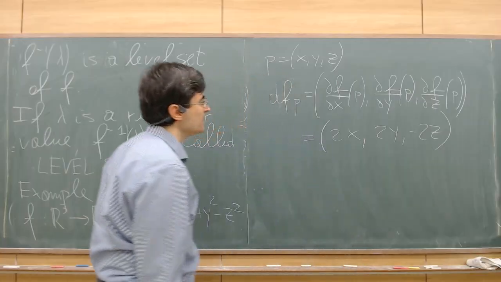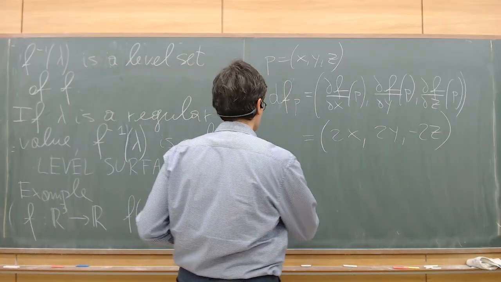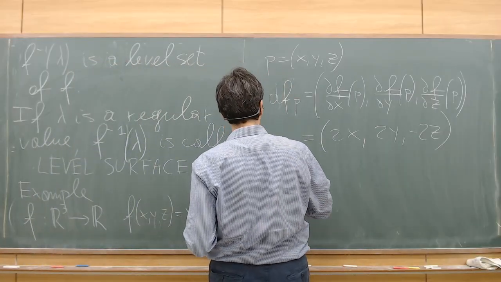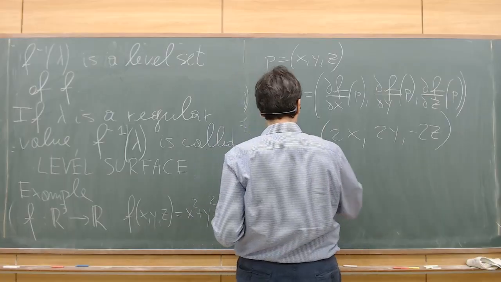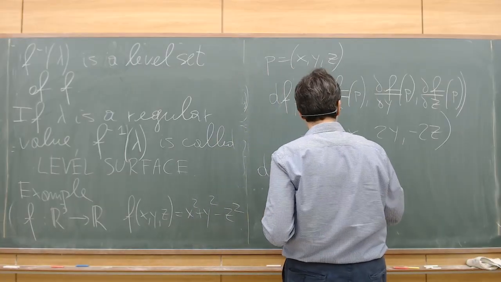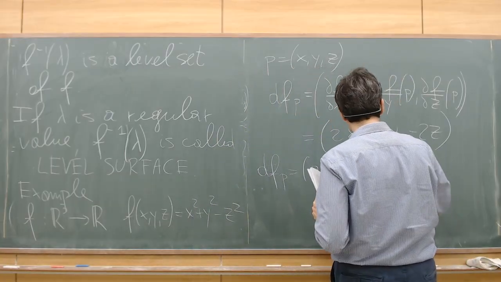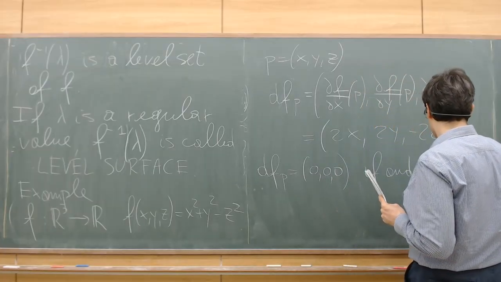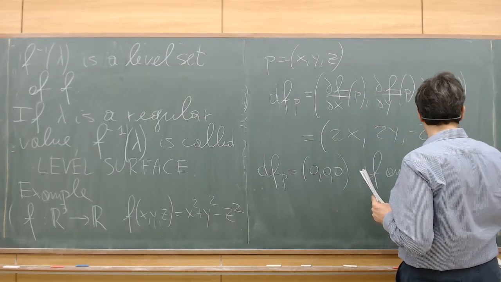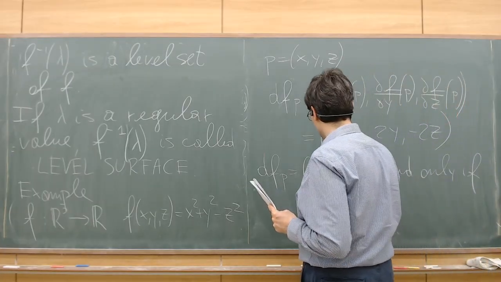So it is immediate to see that df at P equals 0, 0, 0 if and only if P is the origin.